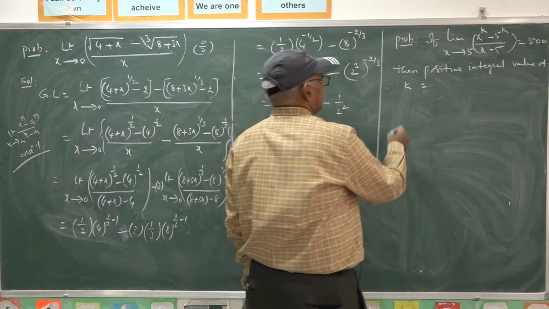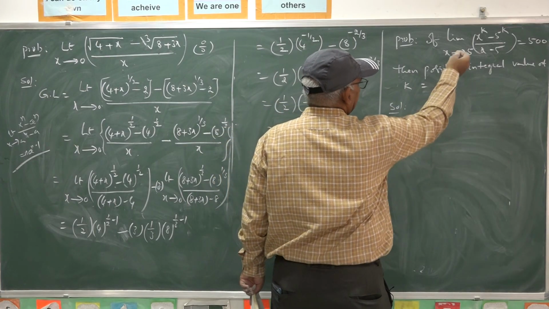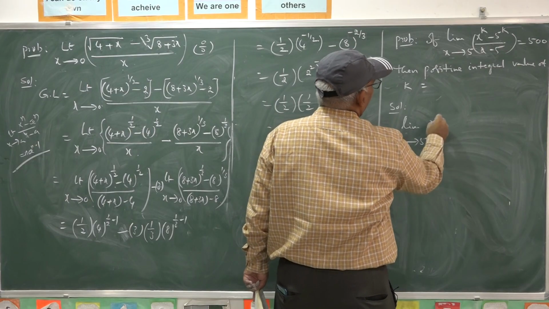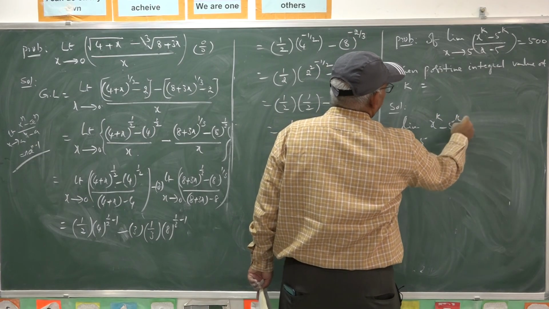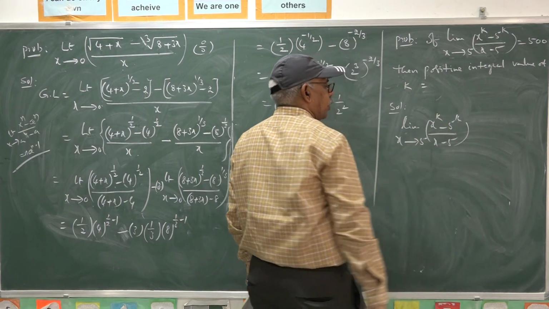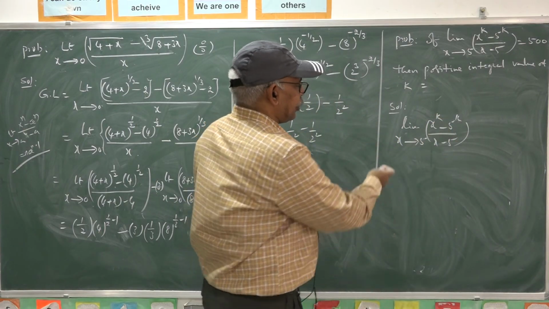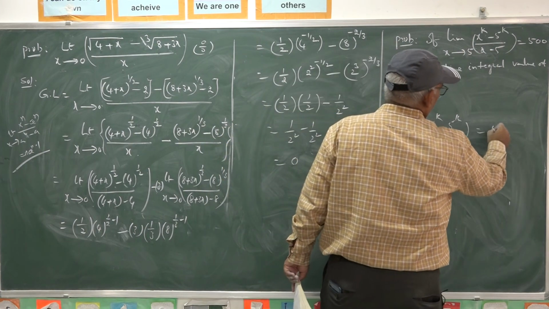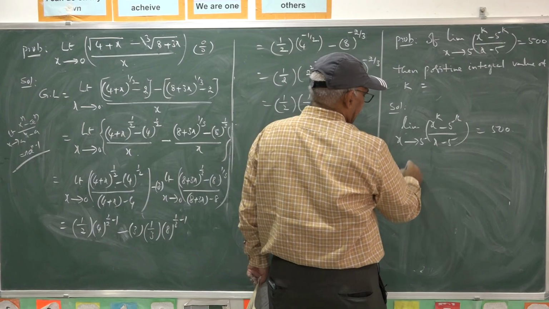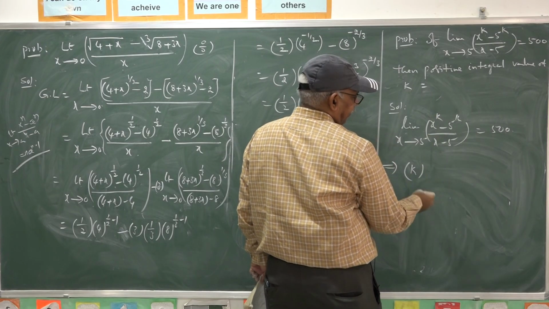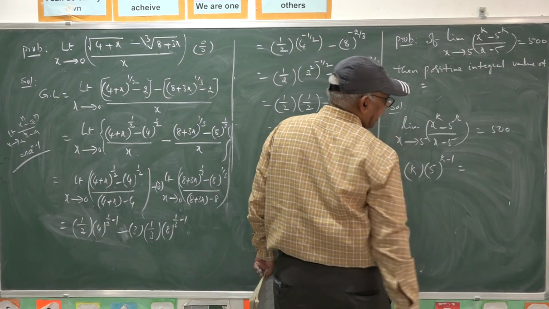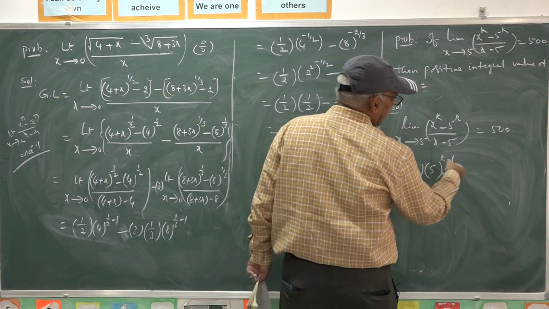This is very simple. This is clearly straight away the formula (x^n minus a^n) by (x minus a) as x goes to a. So by the known formula, this is k into 5^(k minus 1), with k instead of n, and n minus 1 is k minus 1.